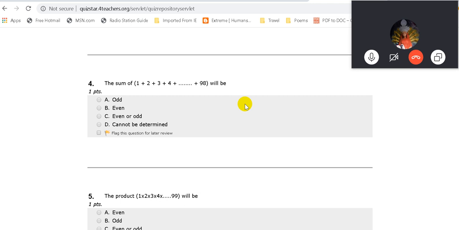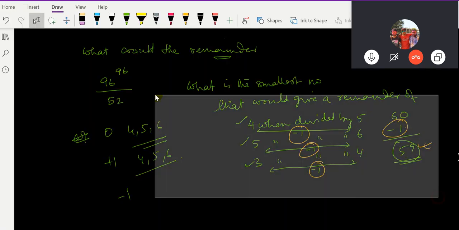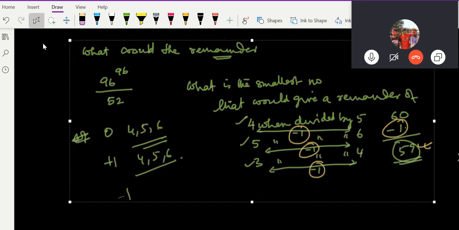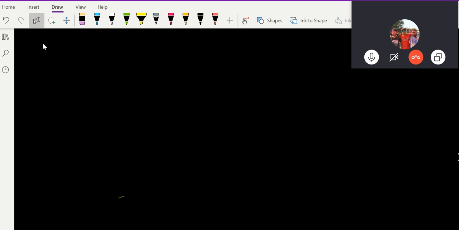If it is 97, then what happens? Then it's even. Why? I use the AP series concept. See, whenever you are in doubt, use smaller numbers to check. That is rule number 1.